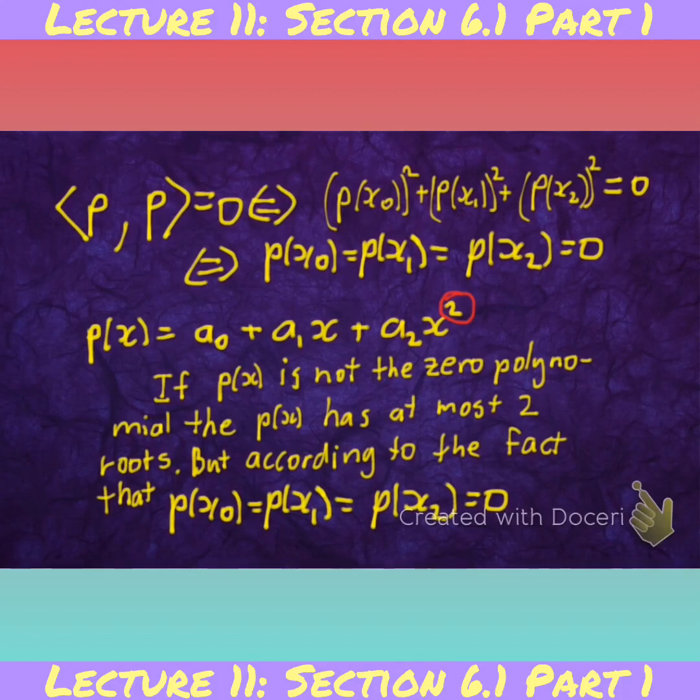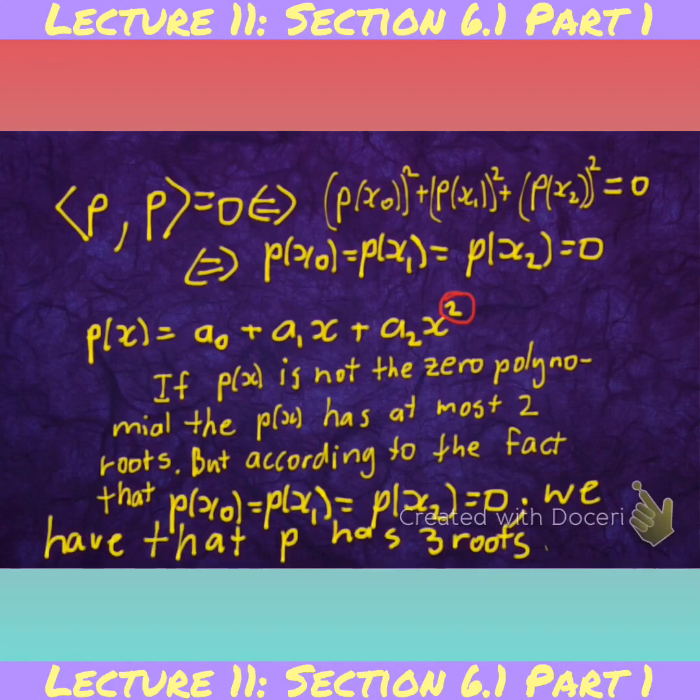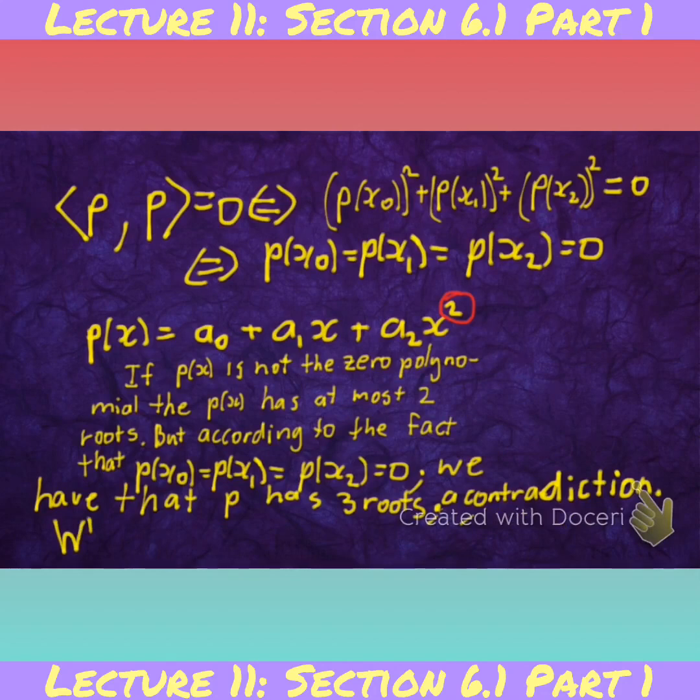According to the fact that we have that is equal to 0, we have that p has 3 roots, which is a contradiction. It's a contradiction. Okay, so whence p has to be 0.